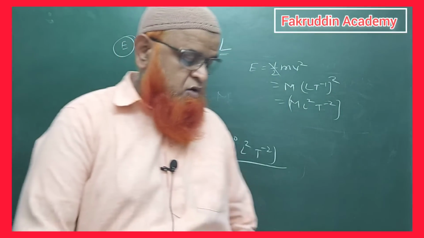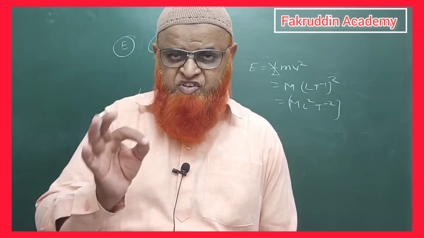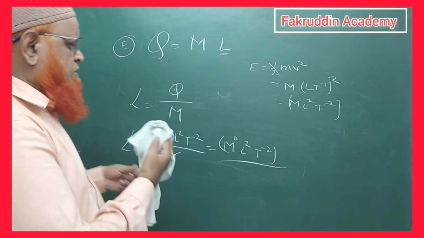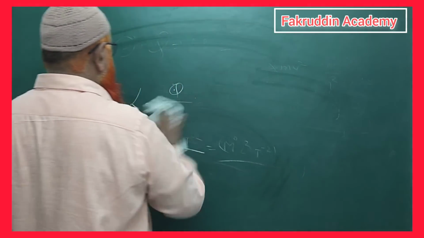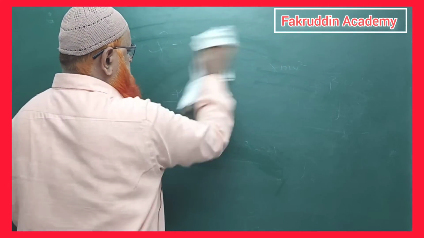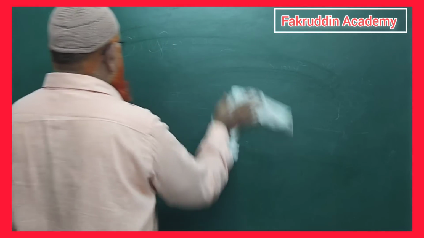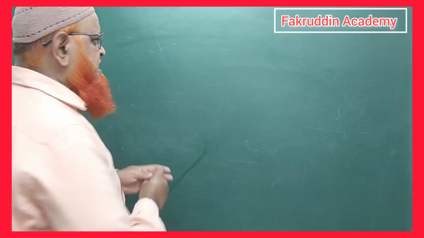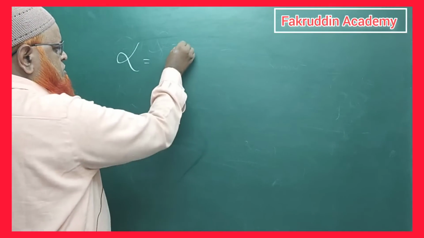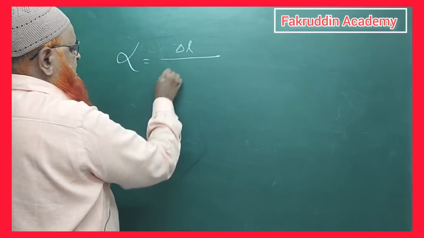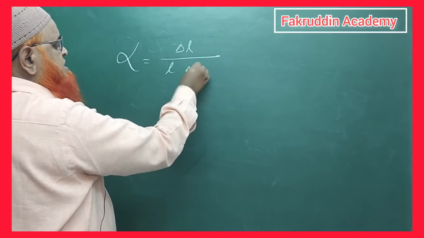Now let us go ahead and find the dimensional formula for the coefficient of linear expansion. How are you going to find that? You all know the coefficient of linear expansion alpha is equal to the increase in length by actual length into rise in temperature.